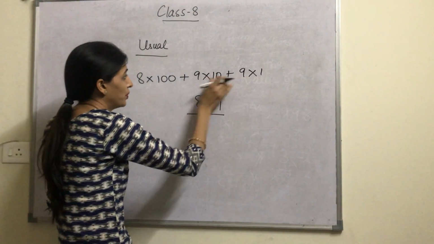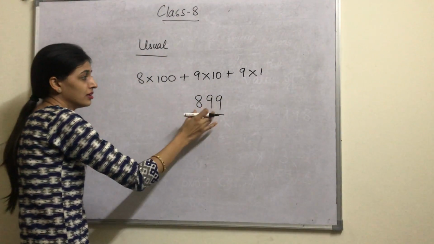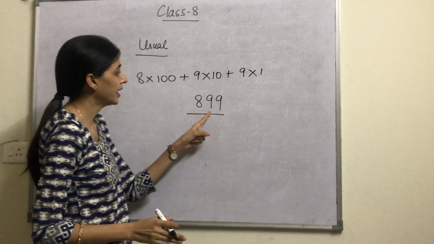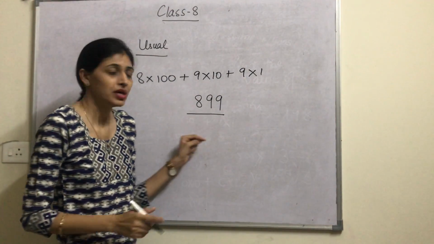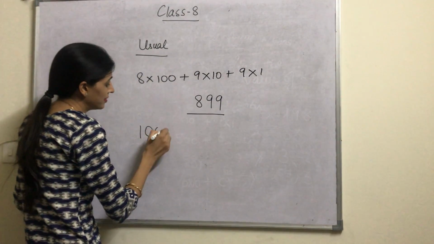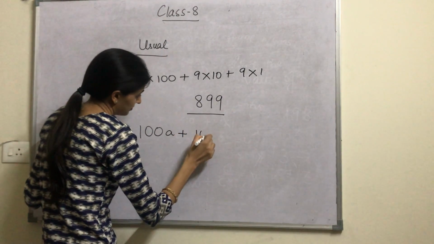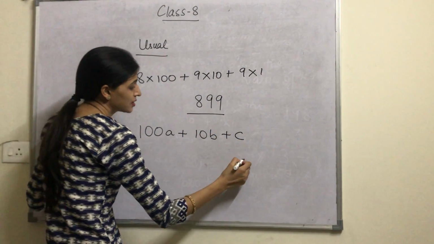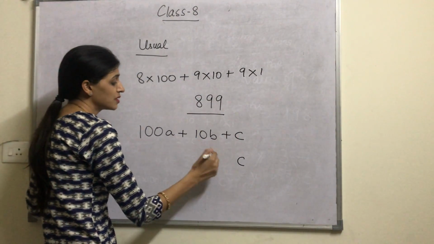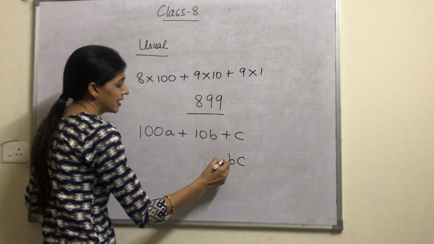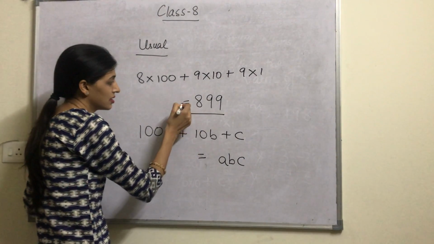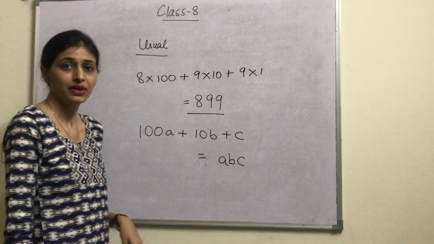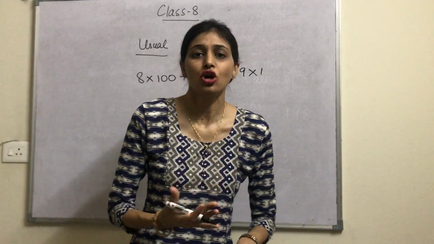Whatever number is at which place, just place them on that place only and you will get your usual form. Suppose C is at ones place, B is at tens place and A is at hundred place. So your number is ABC. Right? In this way you can solve.